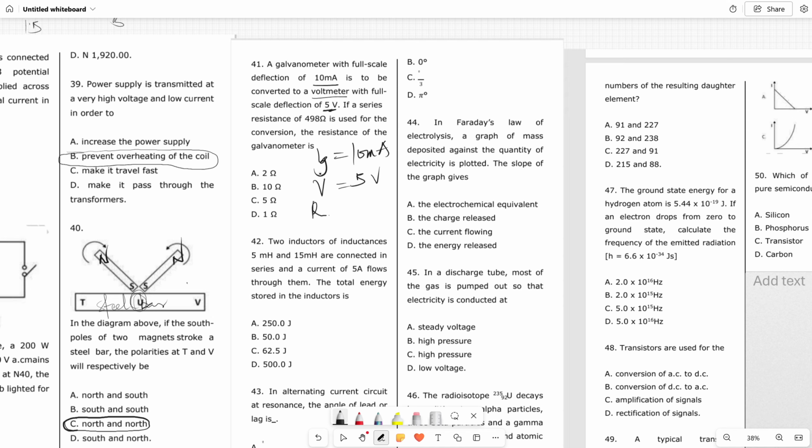For series, you use a multiplier, which you want to use to reduce a current. Probably you have a high current before, so you want to convert it to a low current. So you use a multiplier, and it is connected in series. Please know that this multiplier is of high resistance, but it is connected in series. When you have high resistance, of course, it's going to oppose a greater amount of current passing through. So for this one connected in series here, it is definitely going to be a multiplier. So let me say resistance of the multiplier, that is 498 ohms.